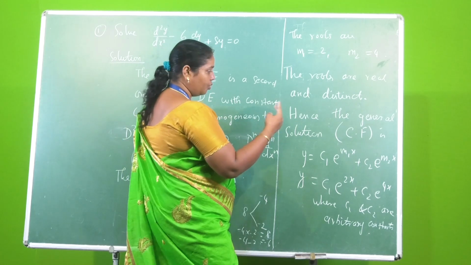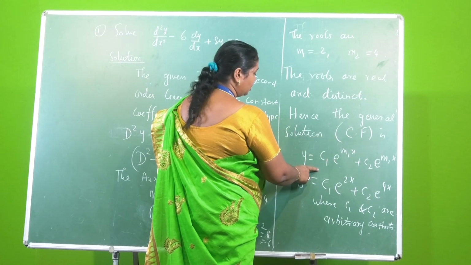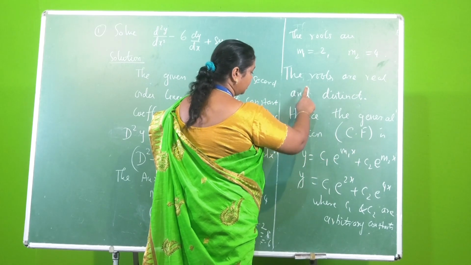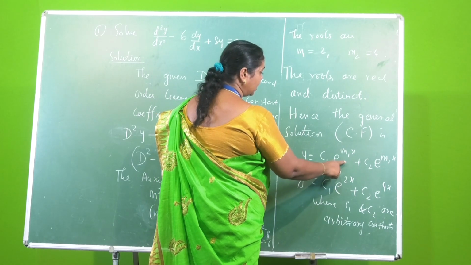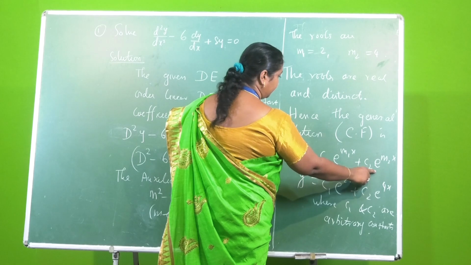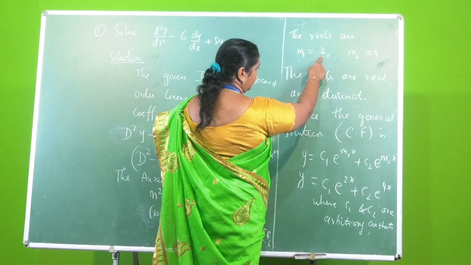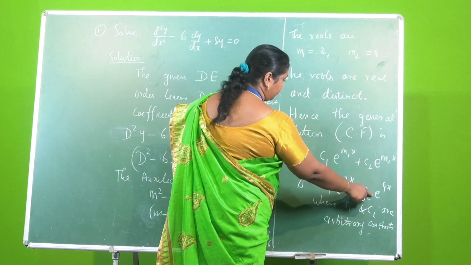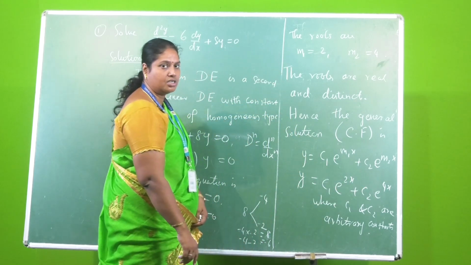In both ways, you have to follow the same method. So here the roots are real and distinct, so the solution will be y equal to c1 e power m1x plus c2 e power m2x. Here m1 is 2 as we chosen, plus c2 e power 4x, where c1 and c2 are arbitrary constants.